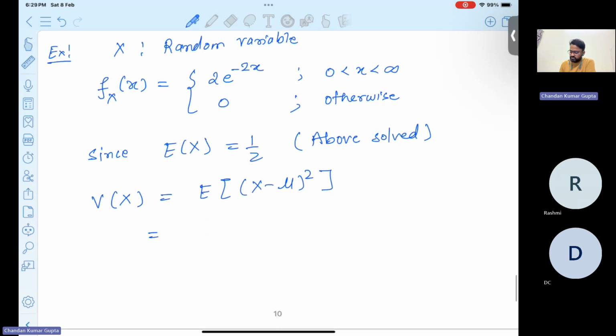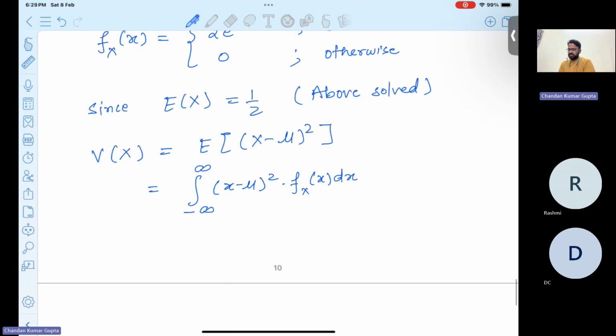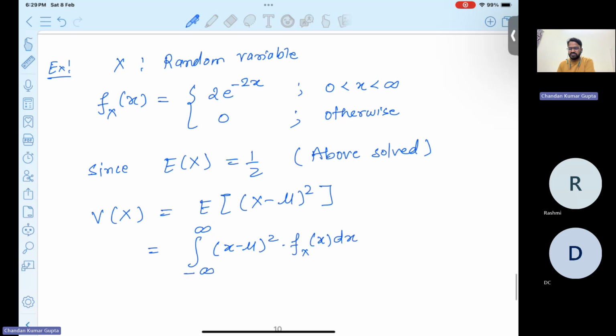Expectation is defined like this: the integral from minus infinity to infinity of x minus mu whole square into fx dx.